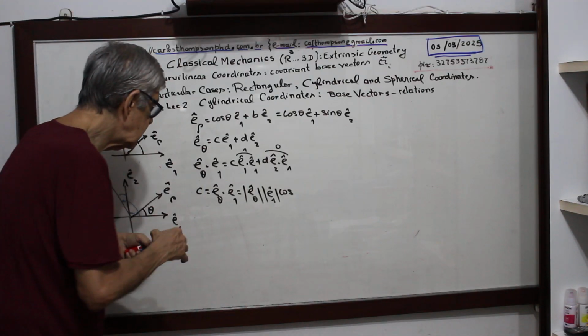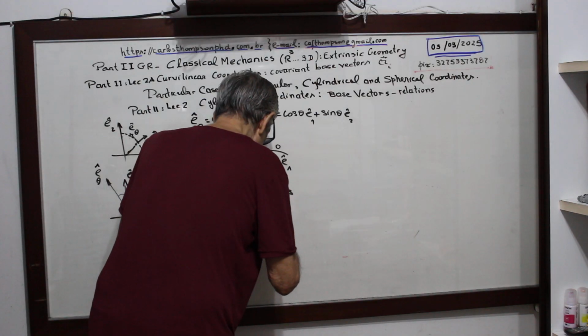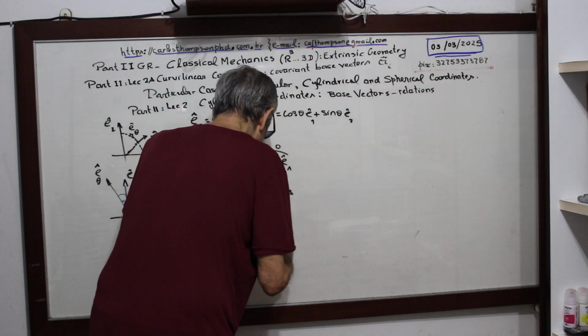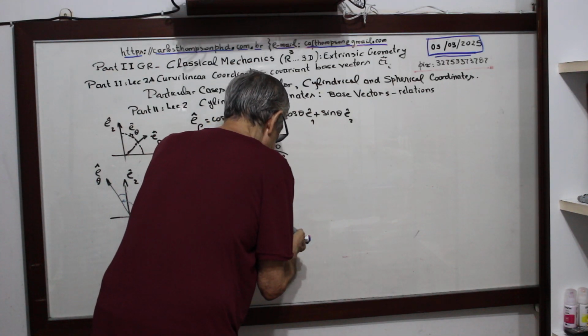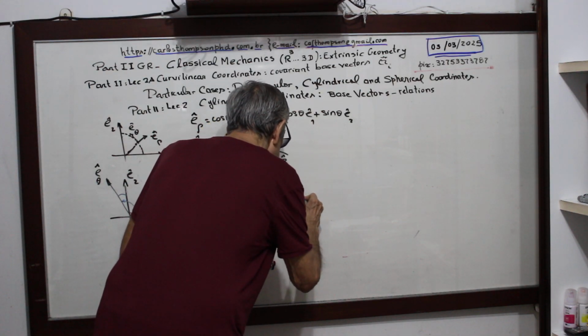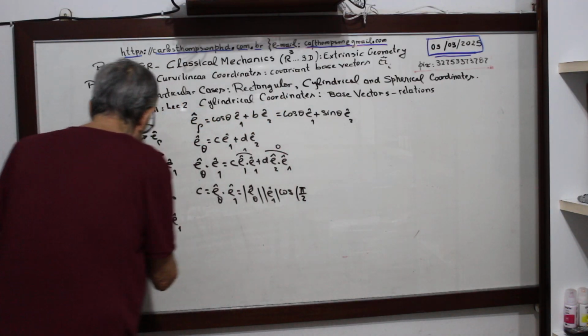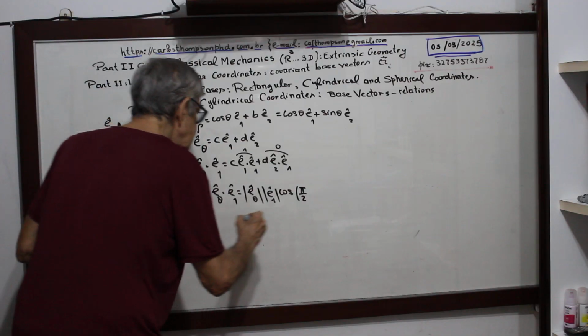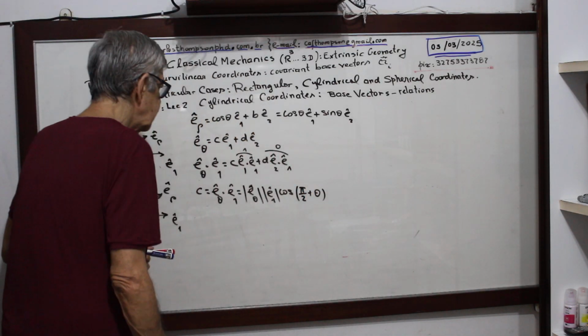I'll write here pi over 2, you see, plus theta. Okay.